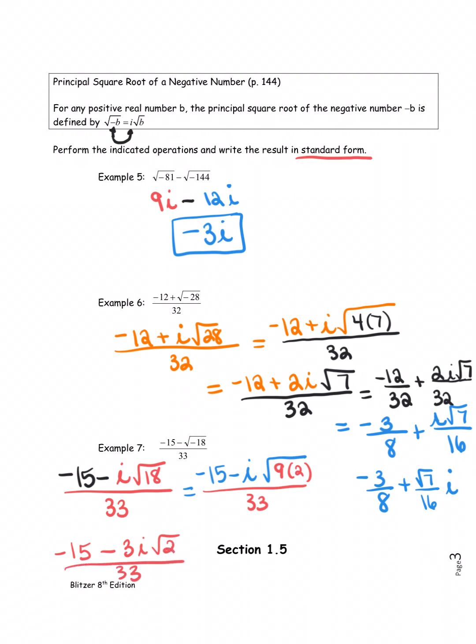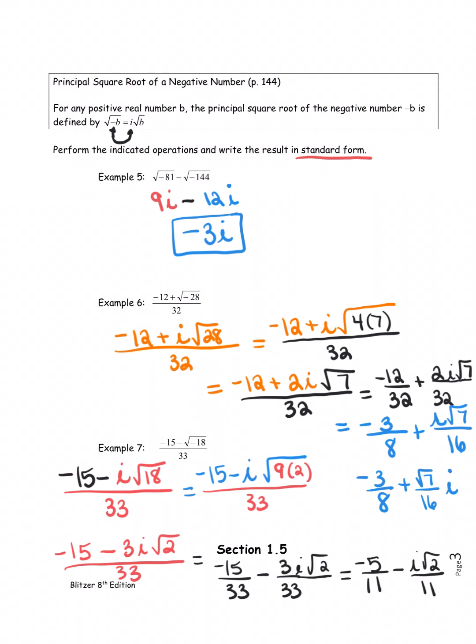I'm going to separate this and clean it up. So we have negative 15 over 33 minus 3 over 33 i square root of 2. Dividing by 3, we have negative 5 over 11 minus i square root of 2 over 11.